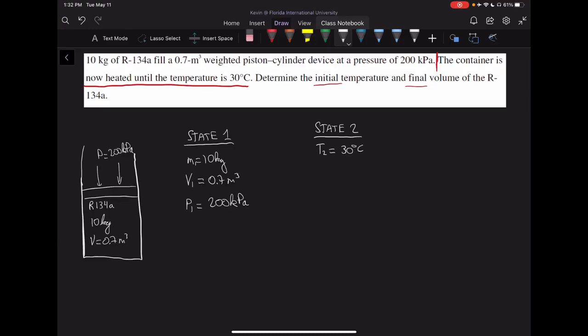We also know from the fact that it's a weighted cylinder at a pressure of 200 kilopascals, and we're told that there's no change in pressure. And since it is a piston cylinder device and we're just going to add heat to it, the pressure stays constant because the piston is free to move. The piston being free to move means that the pressure stays constant.